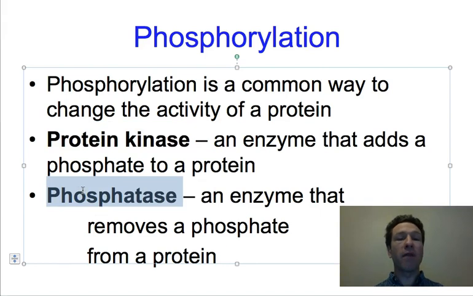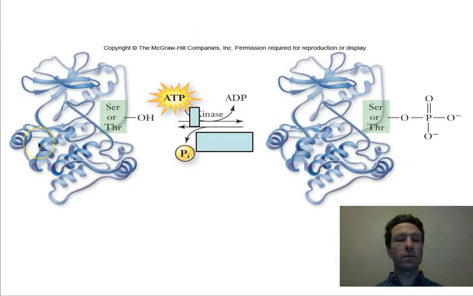Conversely, a phosphatase is an enzyme that removes a phosphate group from a protein. You should notice in passing that both of these words end with ASE. As we've said earlier in the course, any word ending with ASE in biology means that the molecule is acting as an enzyme. Let's look at this on a diagram.